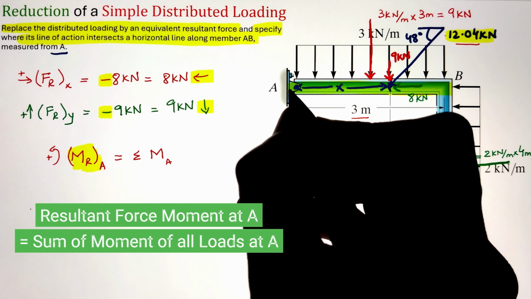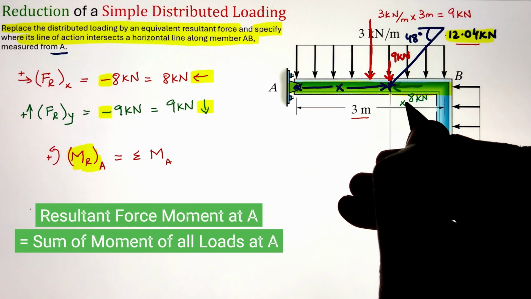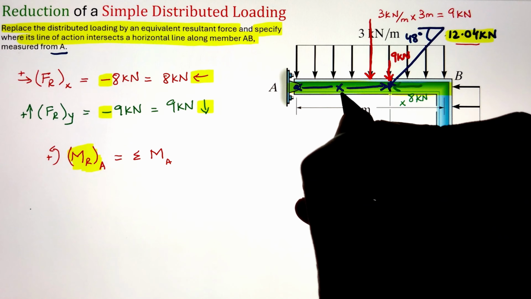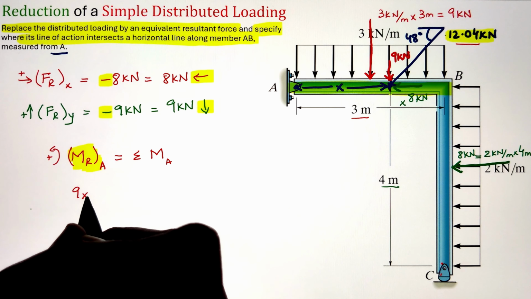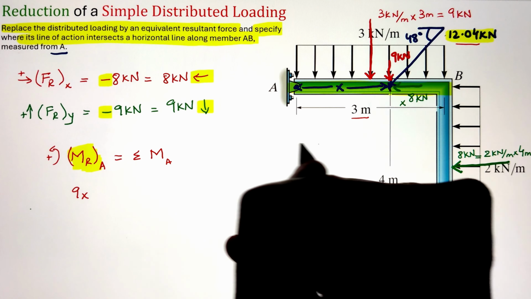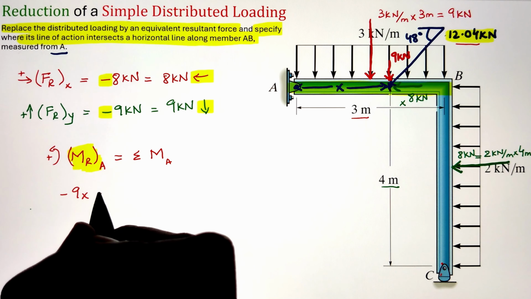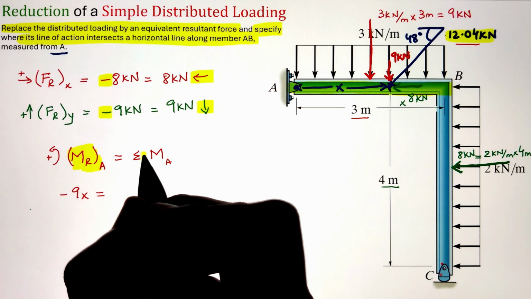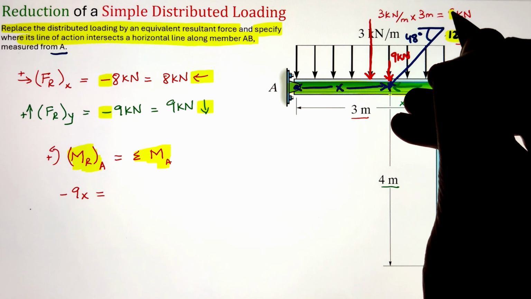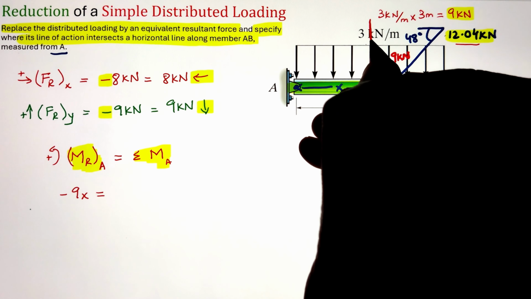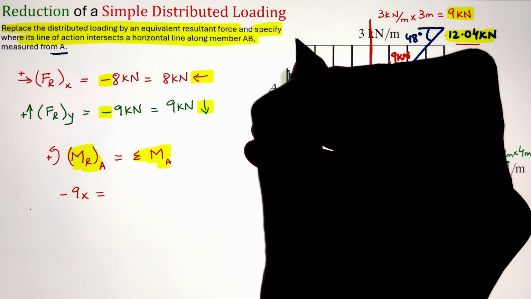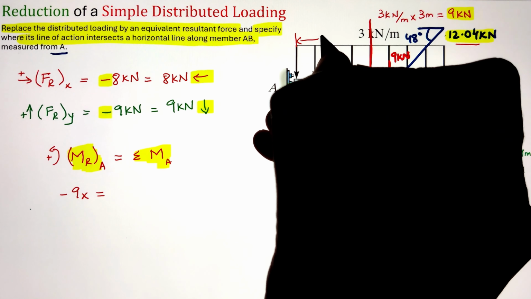Now, to calculate the moment, the horizontal component in this case won't create any moment since it is passing through point A, and it will just have a pushing effect and no turning effect, whereas the 9 kilonewton has a moment arm of x, and this is going to create our clockwise moment, so we represent it as negative 9x.